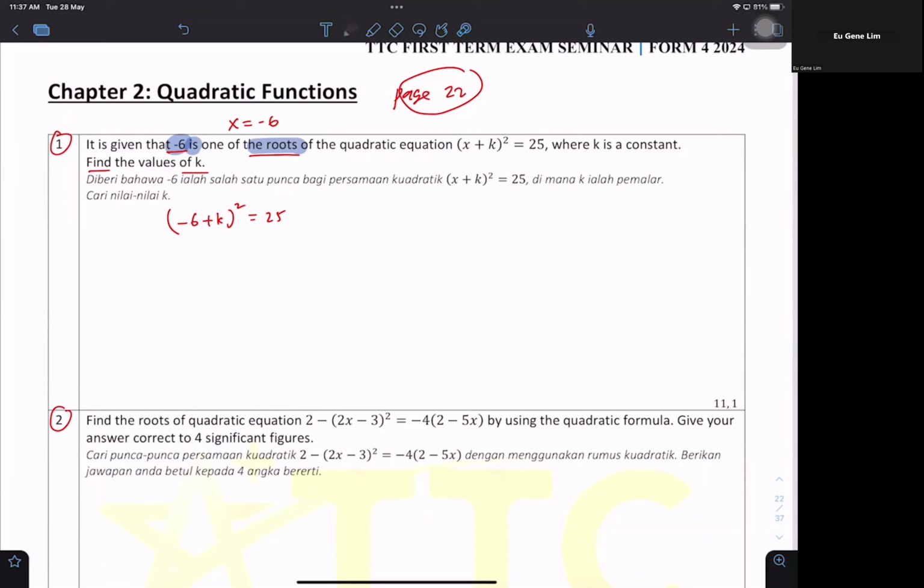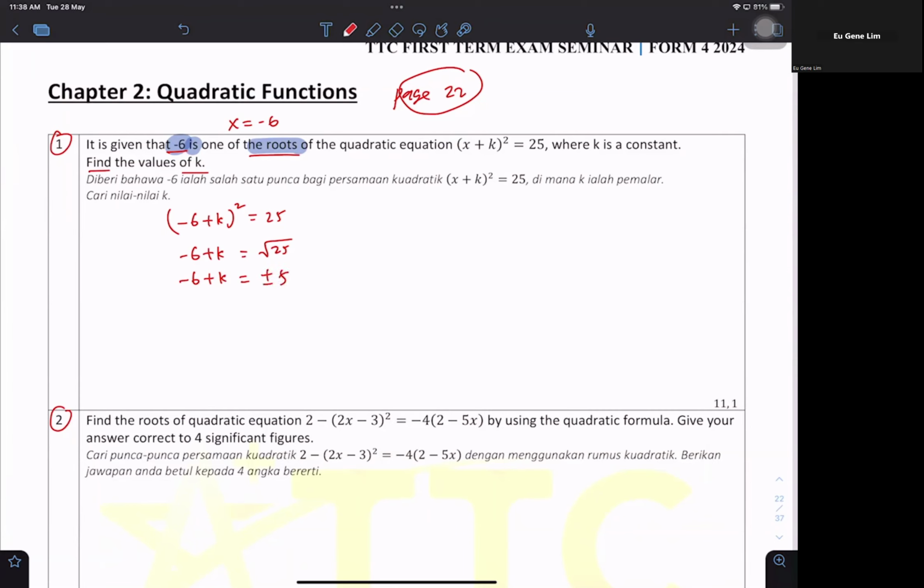Square, bring over, becomes square root. Square root of 25 is how much? This one I test you. Square root of 25 is plus minus 5. Very good.